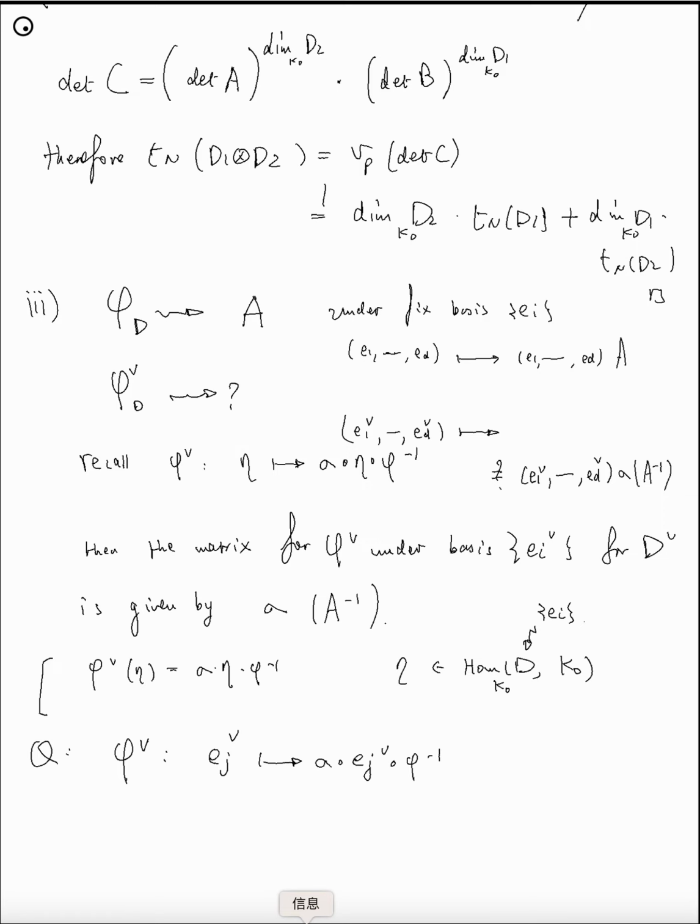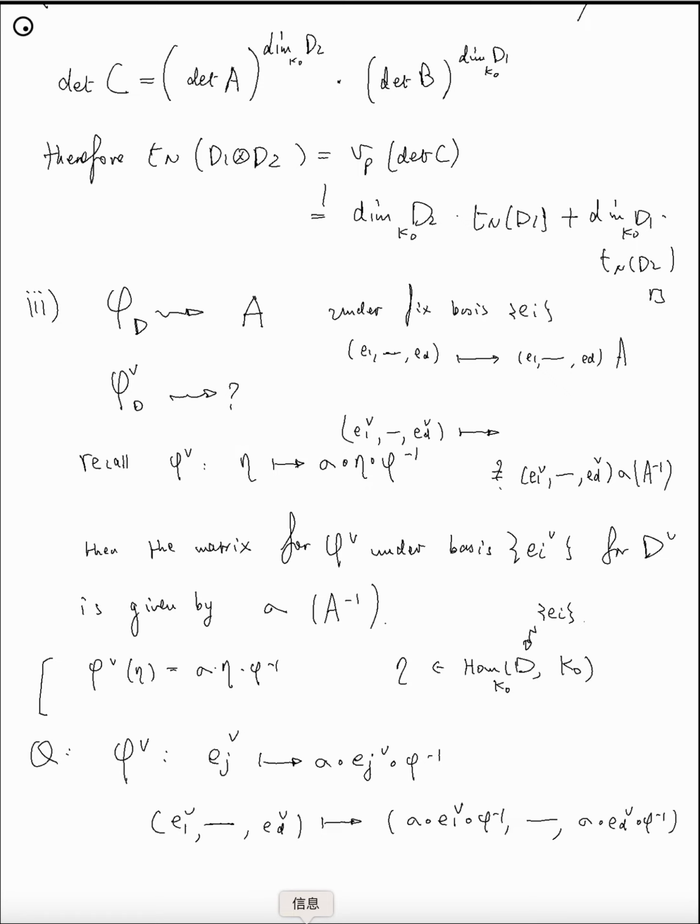This is phi du. That's how it maps. So this phi du is mapping E1 du, ED du to sigma E1 du compose phi inverse, sigma ED du compose phi inverse.